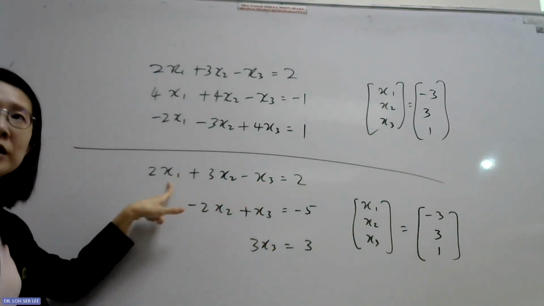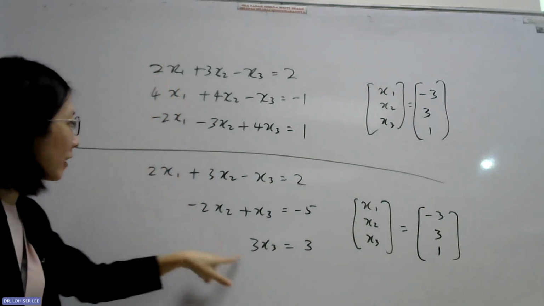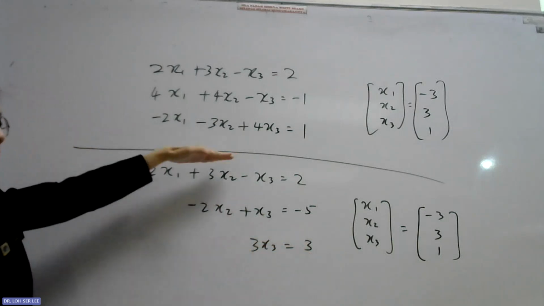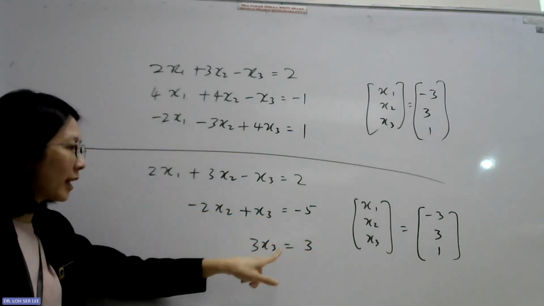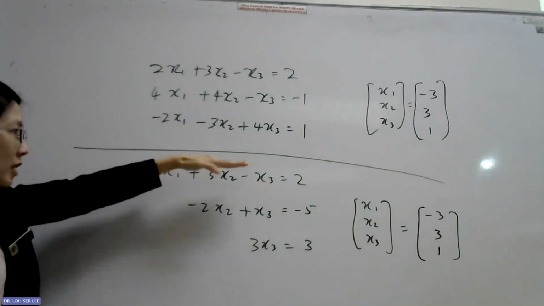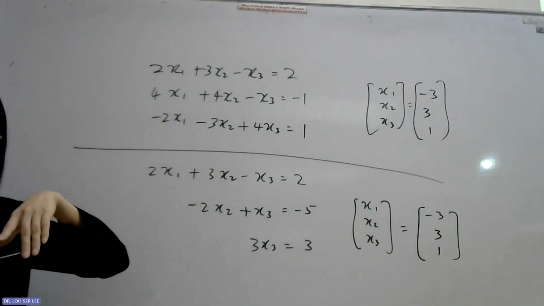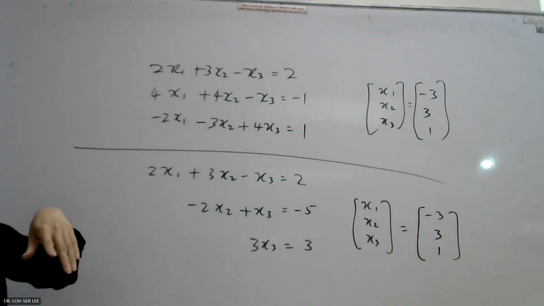So do you see the Gauss elimination now? When we row reduce into REF form, we can solve by backward substitution. Starting from the last row, you solve for x3, then up to here you solve for x2, and up to here you solve for x1. This is backward substitution.